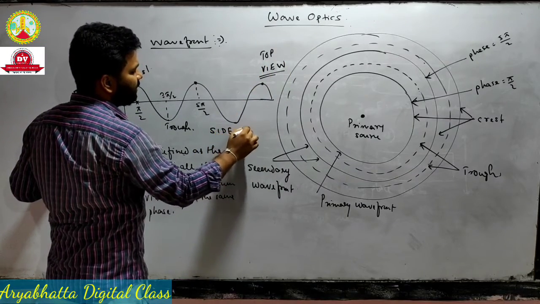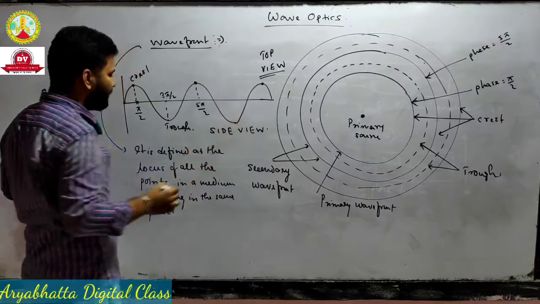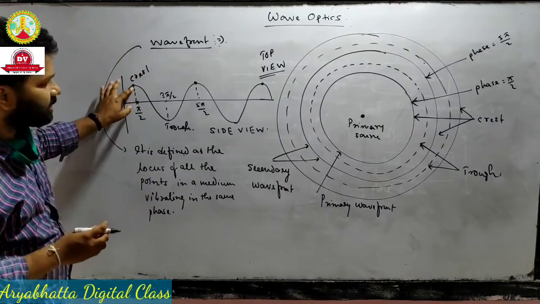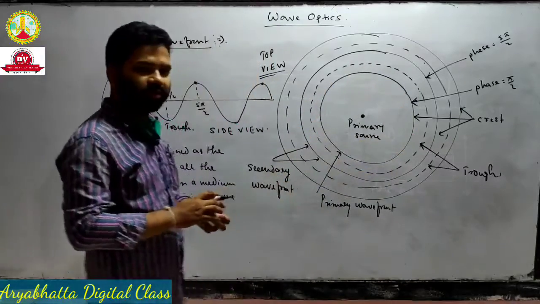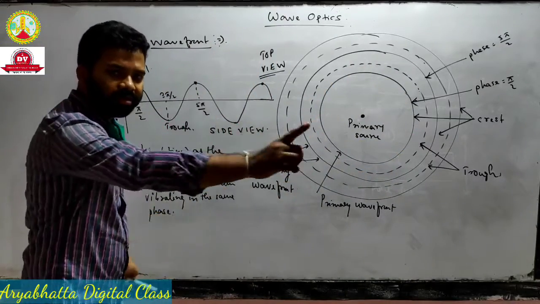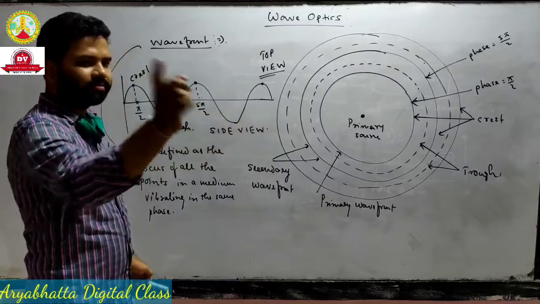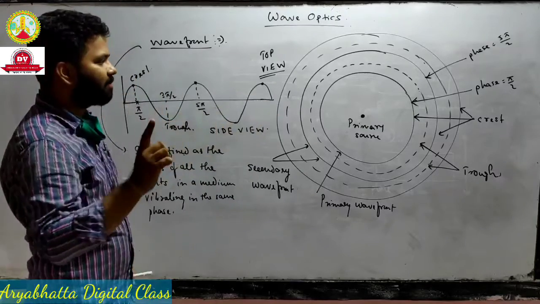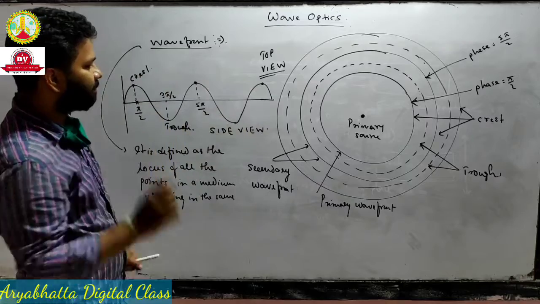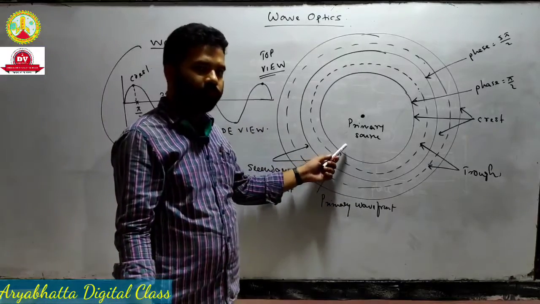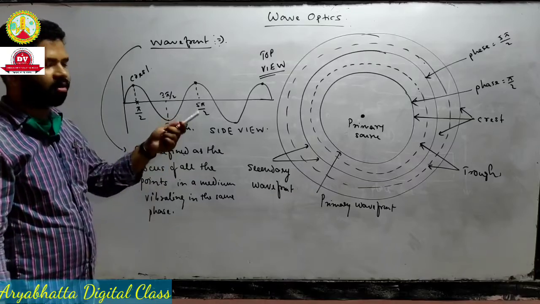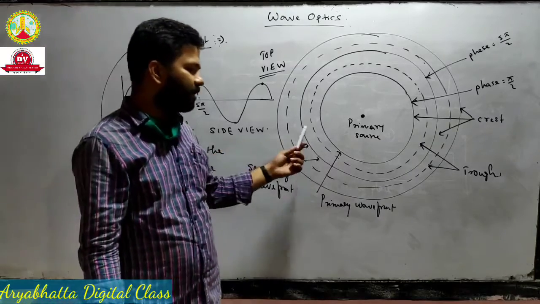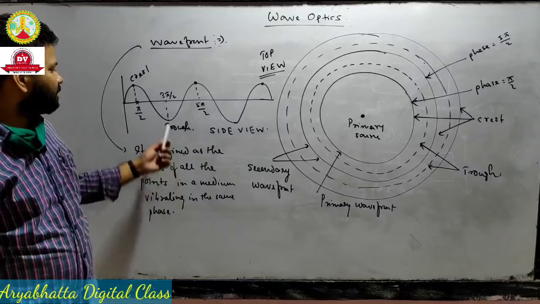So from the side view, it is clear that this point is somewhere in this wavefront. So if you connect all the points vibrating in the same phase, then you will get the primary wavefront. Trough will not be seen from the top view. That is why we have drawn here a dotted circle. So this is the trough.